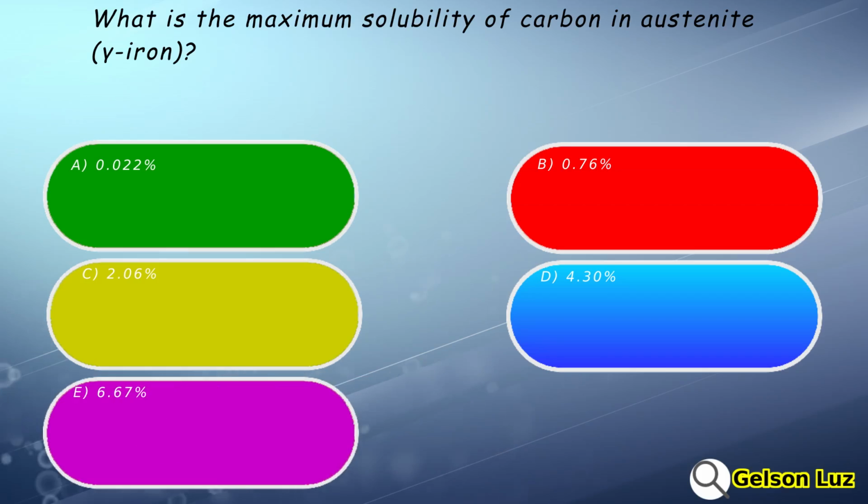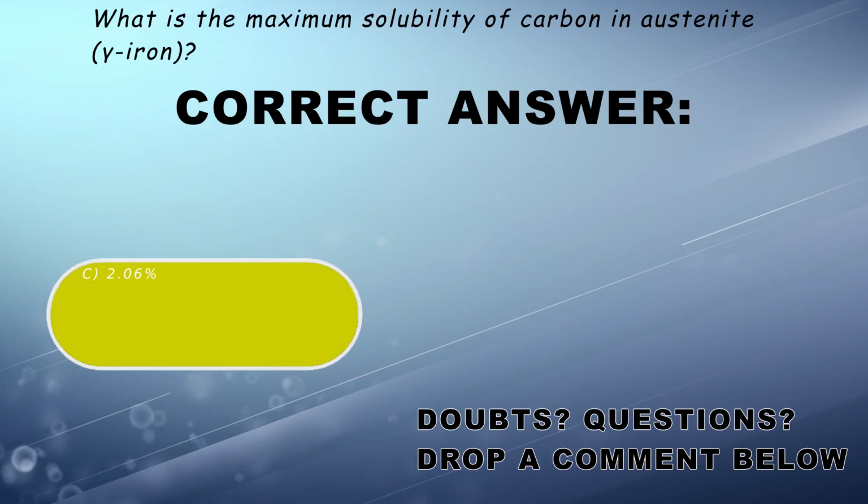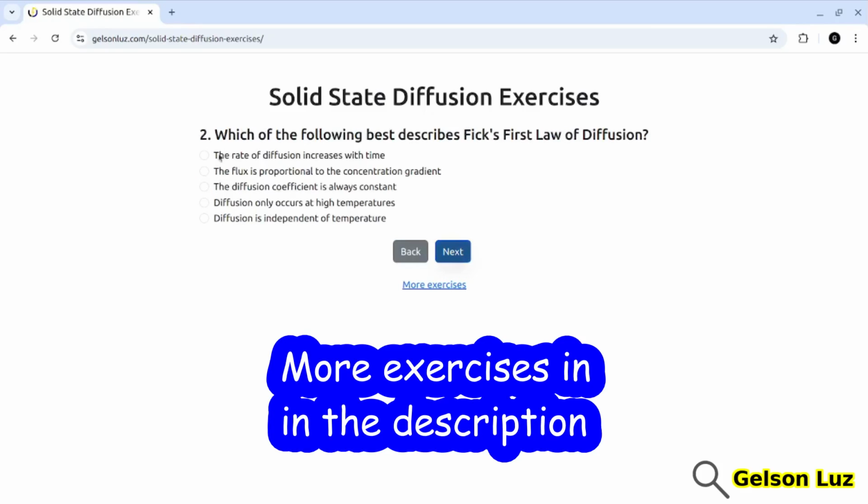E. 6.67%. The correct answer is C, 2.06%.